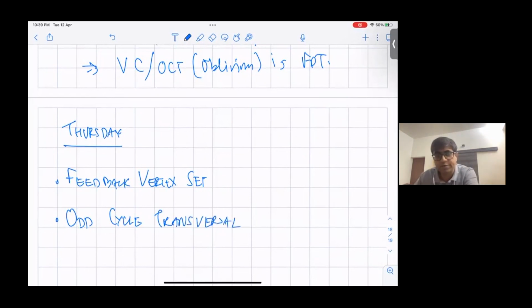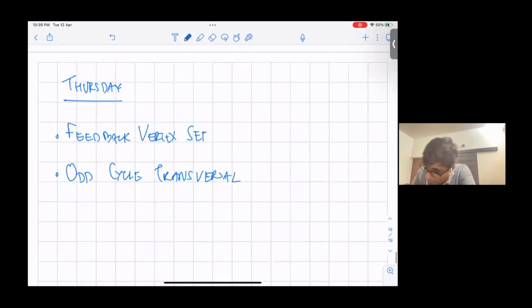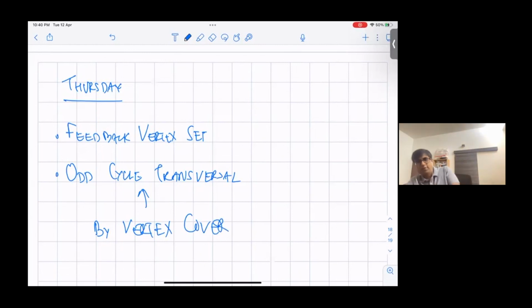And how will we solve odd cycle transversal? We will solve odd cycle transversal by vertex cover. So we'll again apply vertex cover to solve odd cycle transversal. So it will be fun.